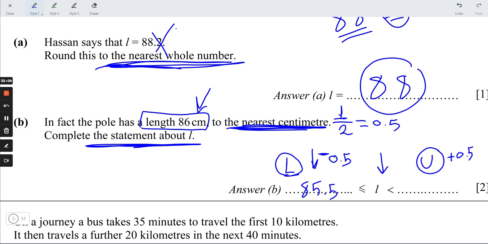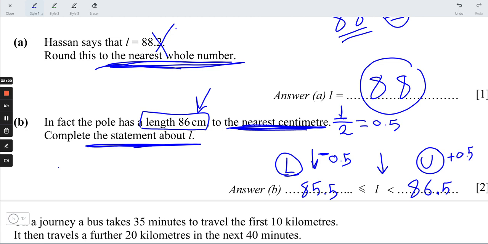This is the lower bound. For the upper bound, you add 0.5 to 86, so 86.5. So this is the idea of this question, finding the lower and the upper bound.